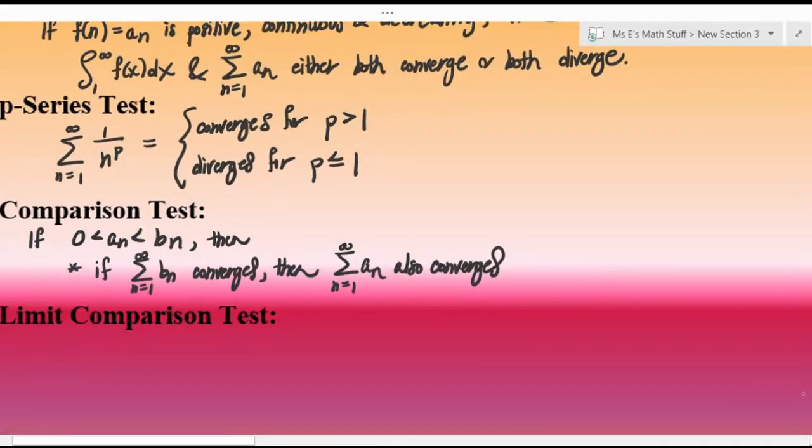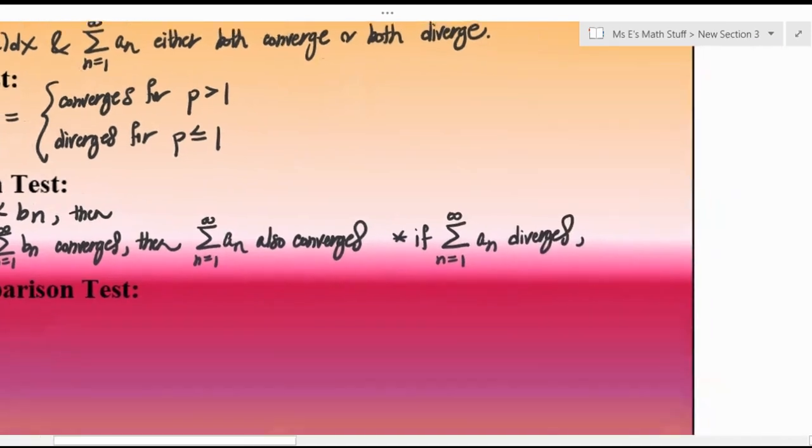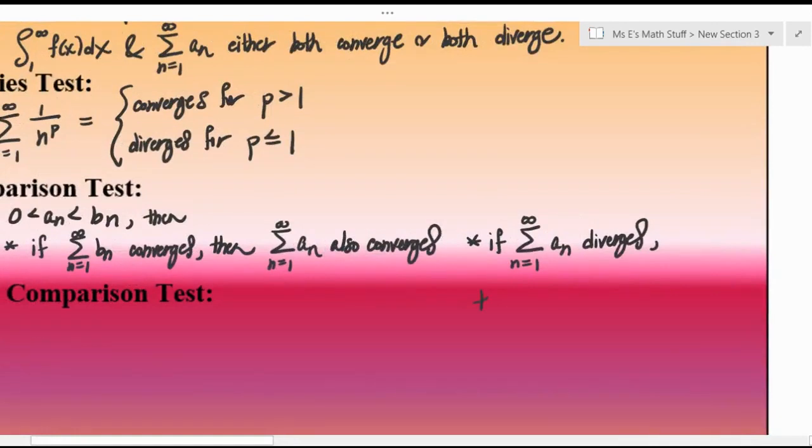And then if the sum as n goes from 1 to infinity of all the a sub n's diverges, then, oh, I'm running out of room, sad. Then the sum as n goes from 1 to infinity of all the b sub n's also diverges.